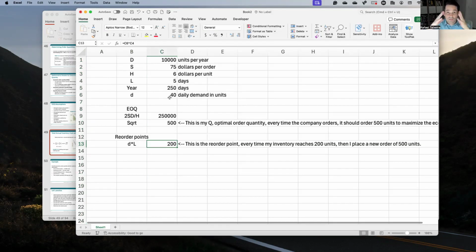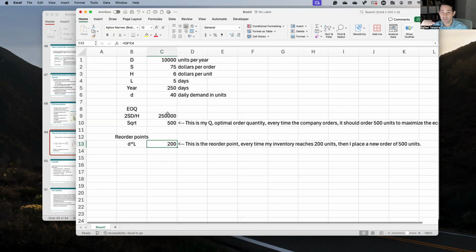So how does this work? I place an order of 500. My inventory goes up 500 units. Then I start consuming the inventory, 400 units, 300 units. When my inventory reaches 200 units, I call my supplier and tell them, send another shipment of 500 units. Then my shipment comes, my inventory goes up again, and then I start consuming 400 units, 300 units.